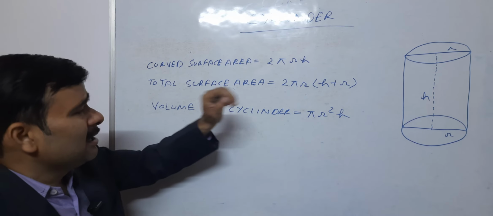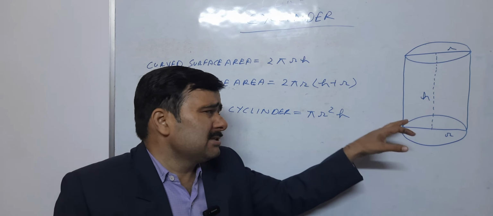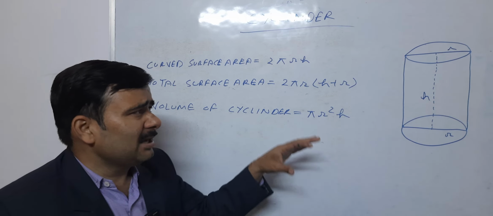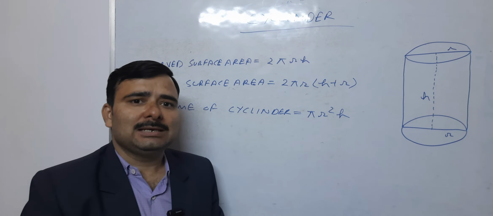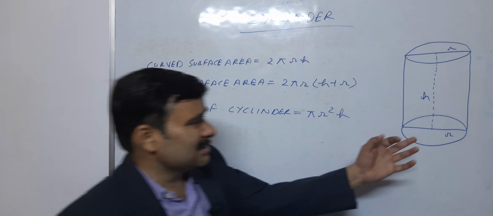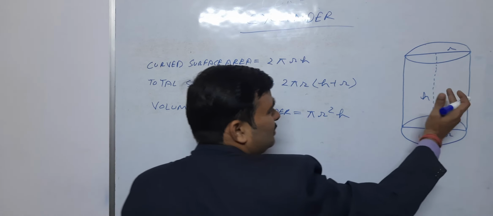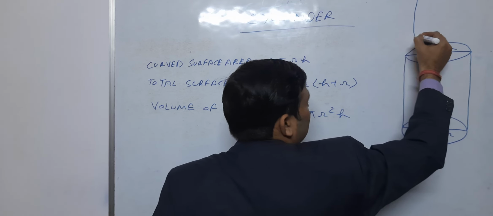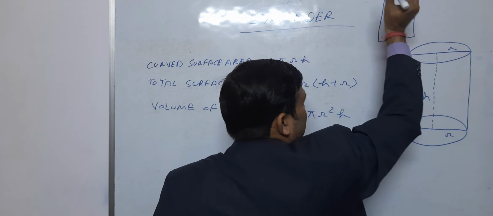Curved surface area. As I told you earlier, whenever we discuss curved surface area, that means the area that can be touched by us easily. Likewise, in a cylinder, the curved surface area will be only this portion.